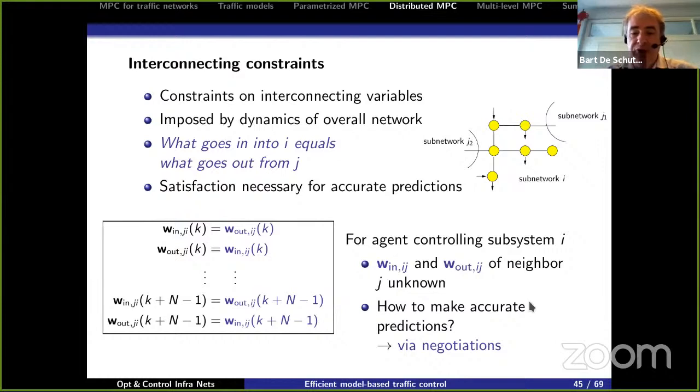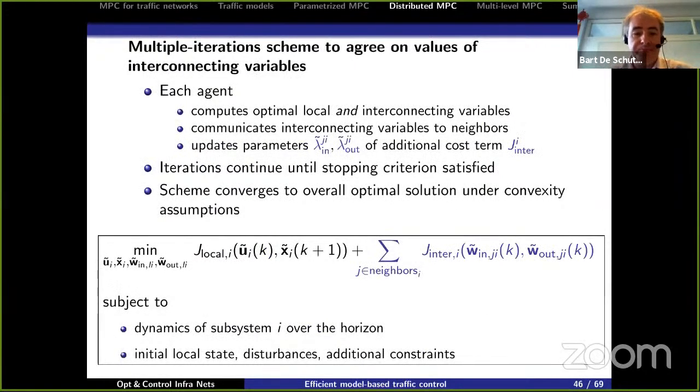So what are we going to do? We cannot use the values directly, but we will let the agents negotiate and interact. And then we get the following setting.